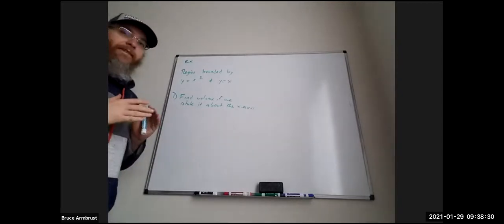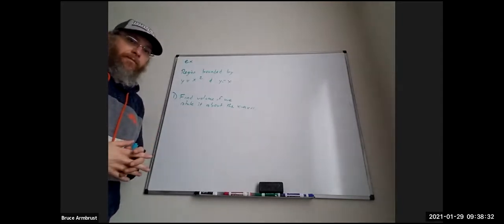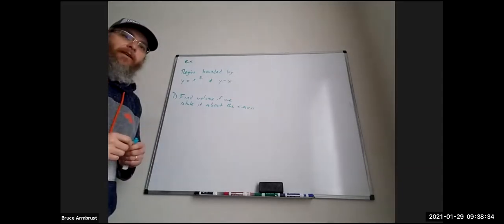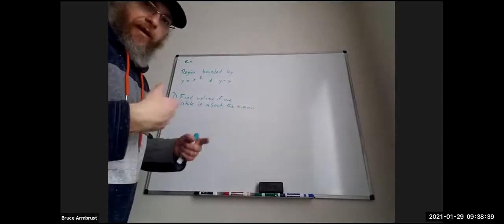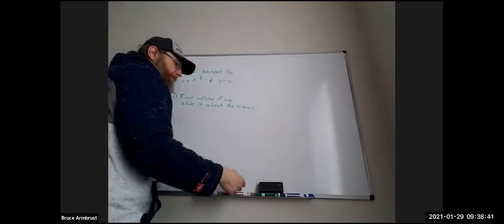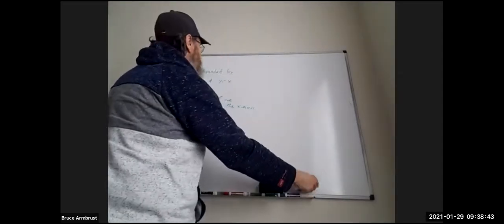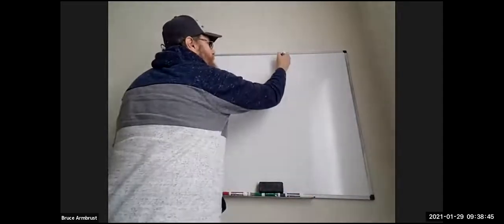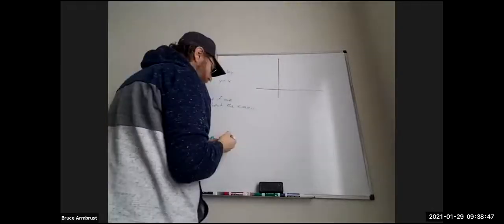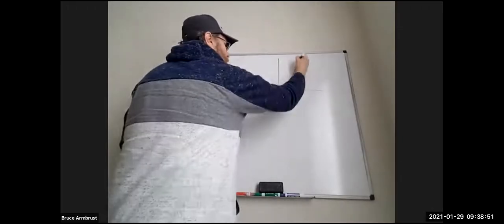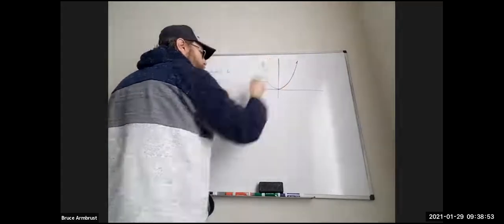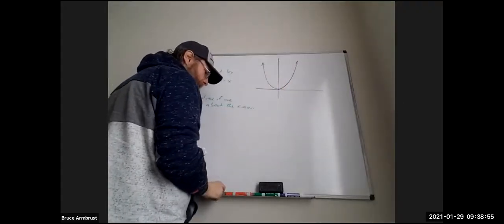So let's start by drawing the picture. Draw a picture of the region, get a feel for what it looks like, and then we'll start playing with revolving it. All right, we all know that y equals x squared looks like a little happy parabola. We all know what y equals x looks like.